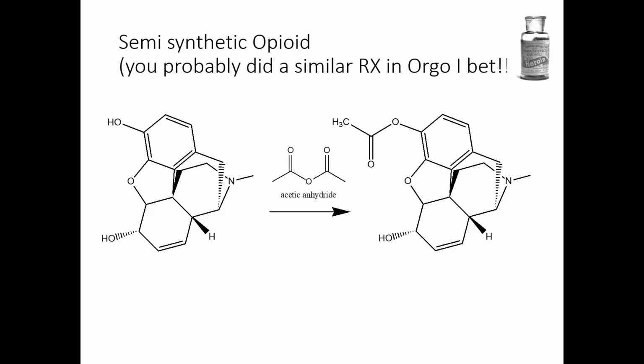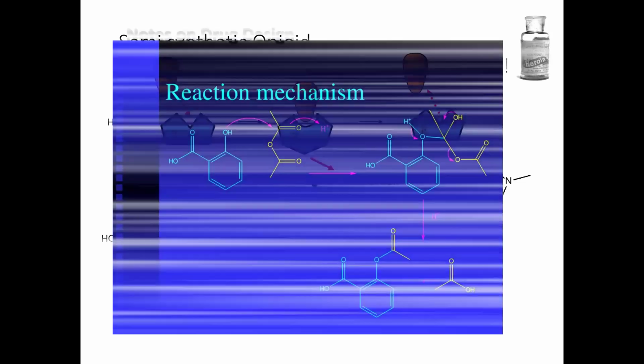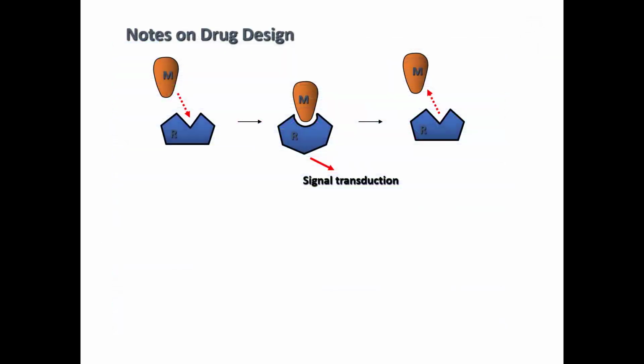Anything that goes into your stomach passes through the liver. In the liver, the acetyl group falls off, and then it goes back through. That's why heroin is even worse, it's actually more addictive, I guess, or equally addictive.